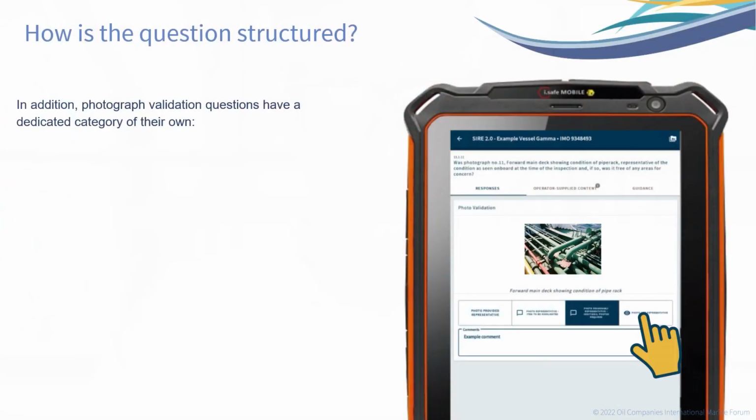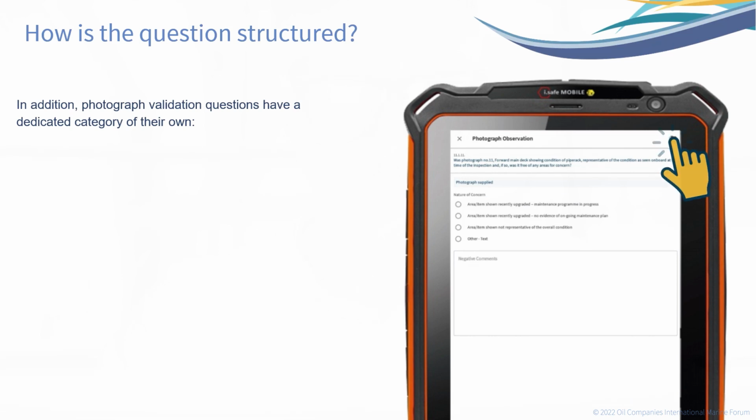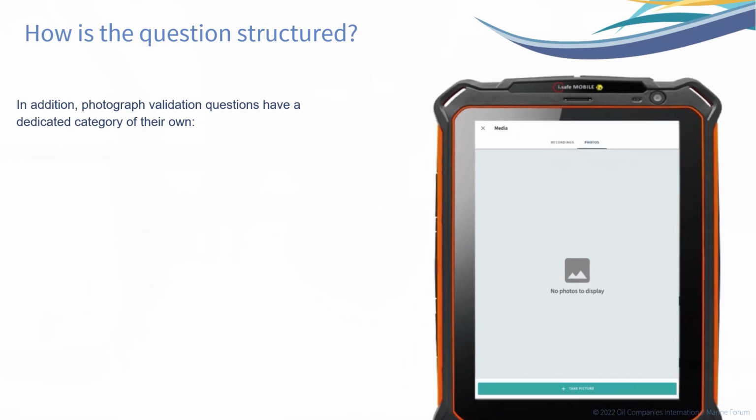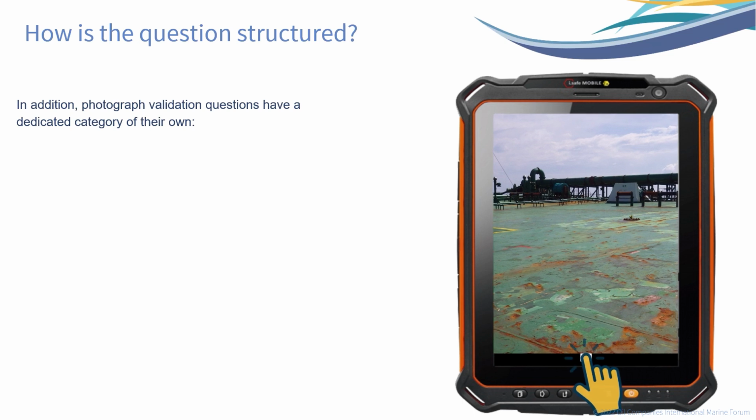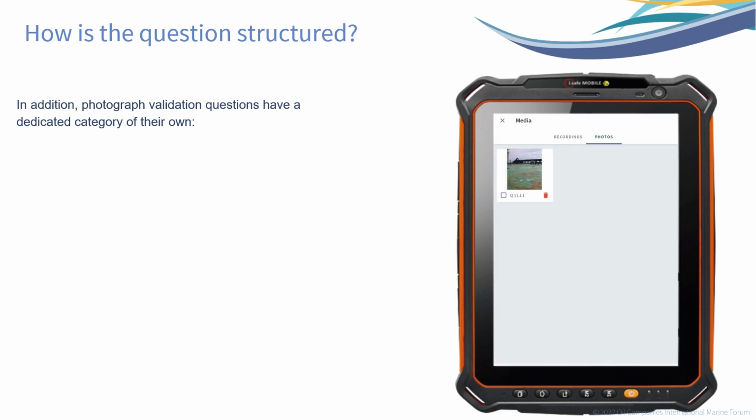The intention of the photograph questions is to allow the reader of the final report to assess the physical and cosmetic condition of the vessel being inspected, rather than the inspector attempting to make a subjective evaluation during the inspection. If the photograph is not representative of the general area, the inspector will provide photographic evidence along with any comments or observations, highlighting the actual condition of the area represented by the operator-supplied photograph.